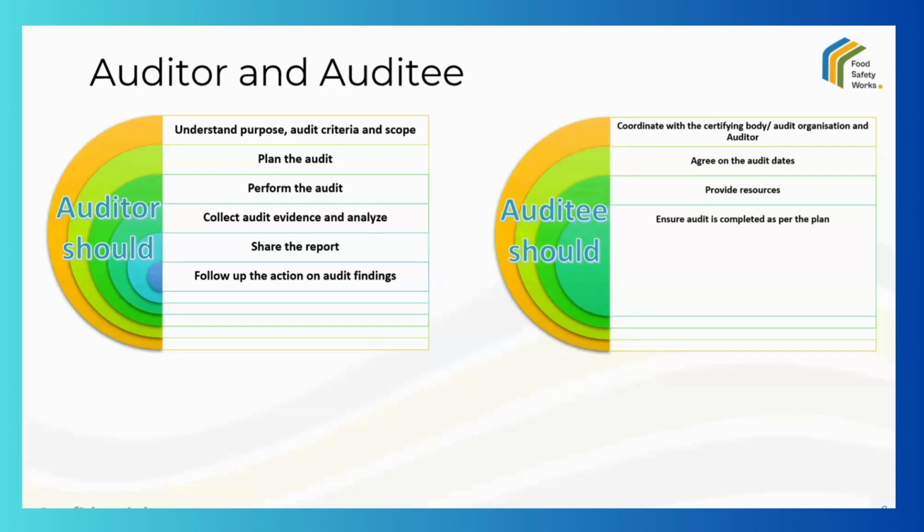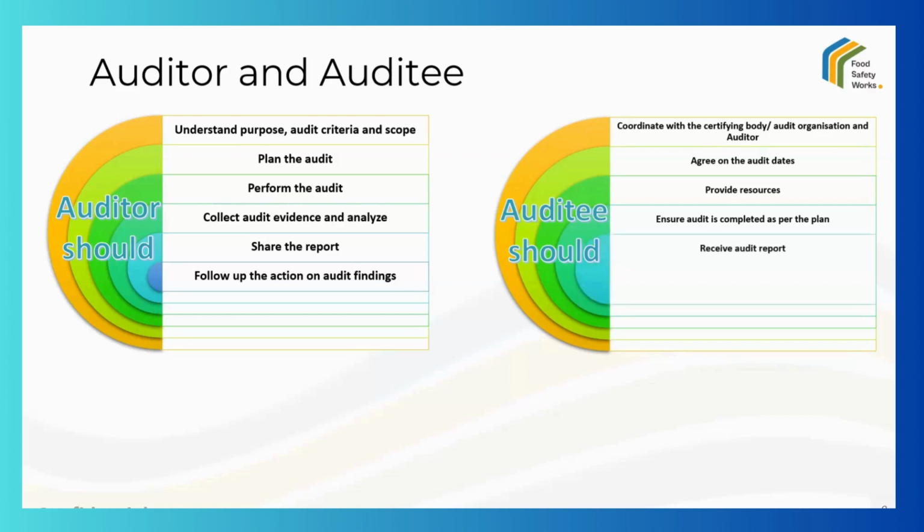For example, if the plan prepared by the auditor says that the auditor needs to check the store around so and so time period, and as per the company's norms the store is closed during that time, then before the start of the audit the auditee should inform the auditor to make some changes in the audit plan, or the auditee should discuss internally with the team and make necessary arrangements so that the auditor can verify the store during the set time.